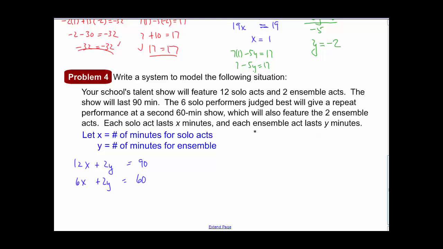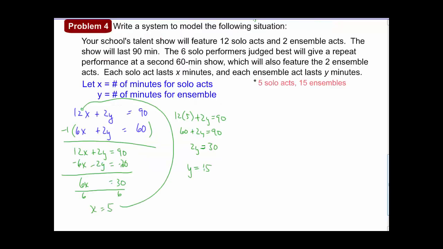Go ahead, hit pause. Again, solve for X and Y, and be sure to write your sentence because it is a word problem. See you back here in a few minutes. Alright, welcome back. You should have seen you had 5 solo acts and 15 ensembles. Make sure you write a sentence.